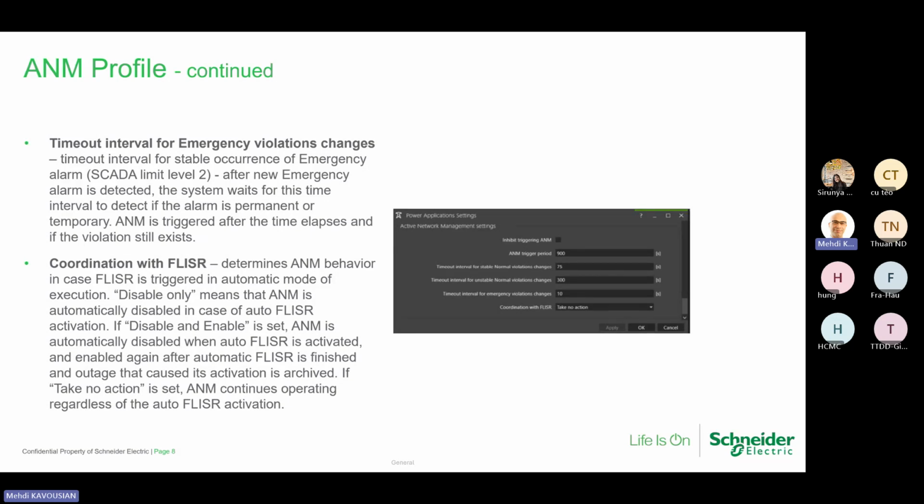For limit violations, we have limit 1 and limit 2. Limit 2 we call emergency. If it's more than that, we want to act more quickly, so we wait only 10 seconds. And this is coordination for freezer, which is probably not the case for you, so we don't want to have that.